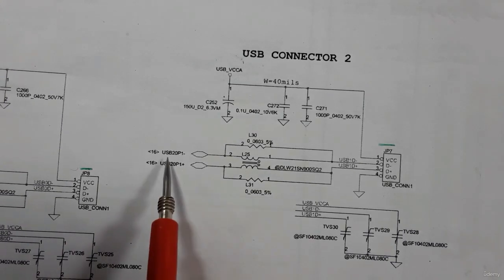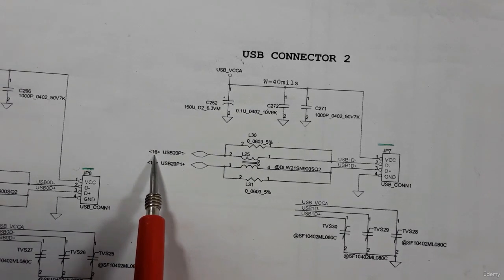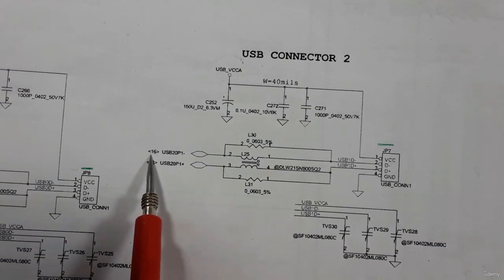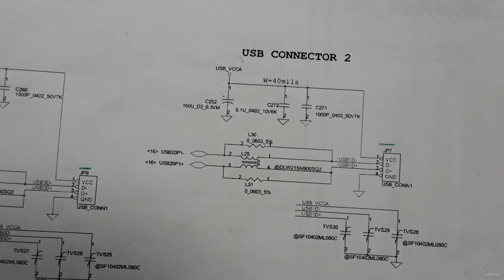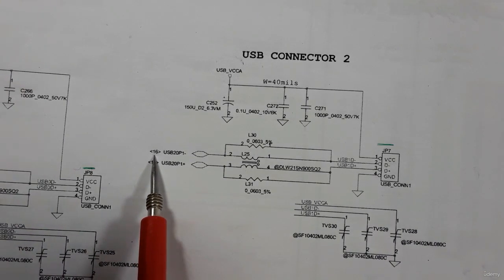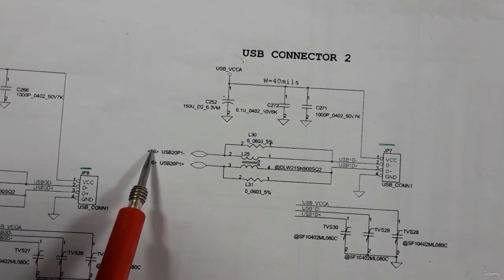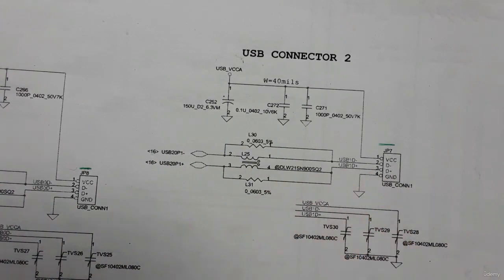The 16 means the page where we have the ICH, page 16. That's why we have 16 here, because the ICH, or the south bridge, exists on page number 16, because the south bridge is the chip that controls this connector.